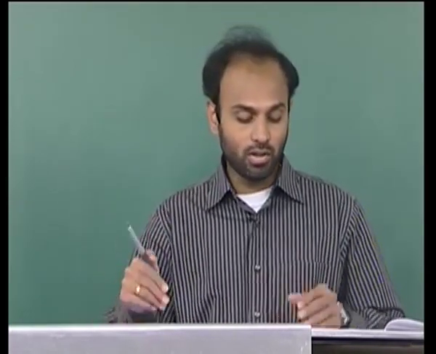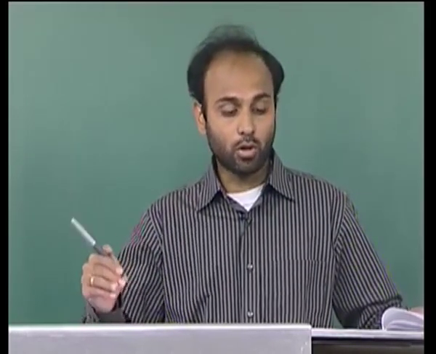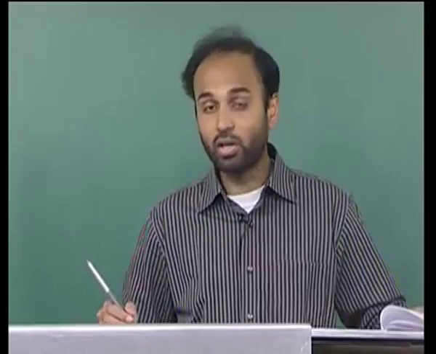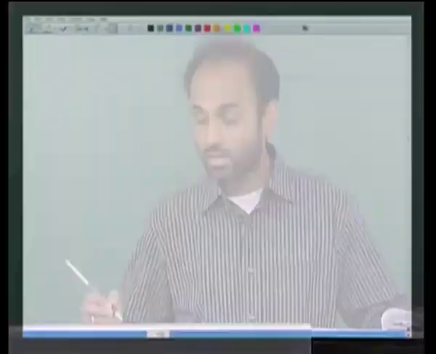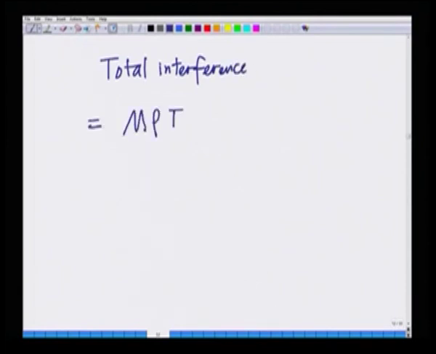Now, we put all these things together to analyze the system. So, the total interference is MPI plus MUI.